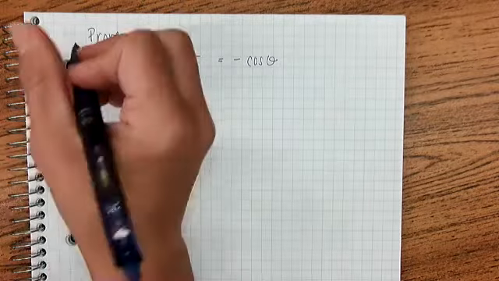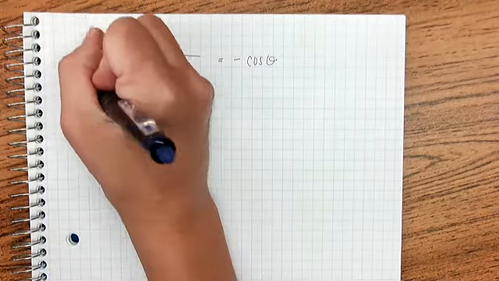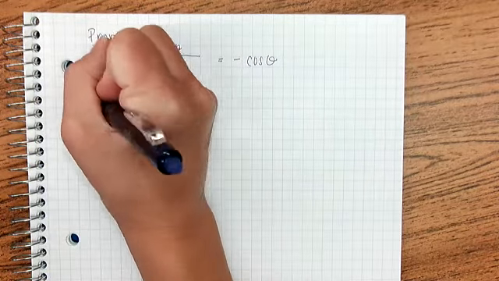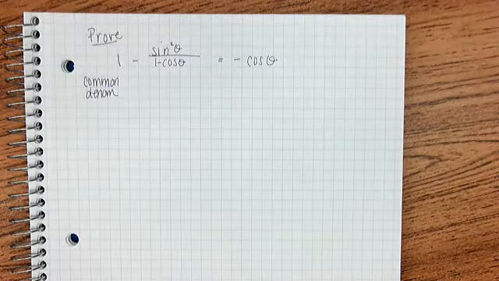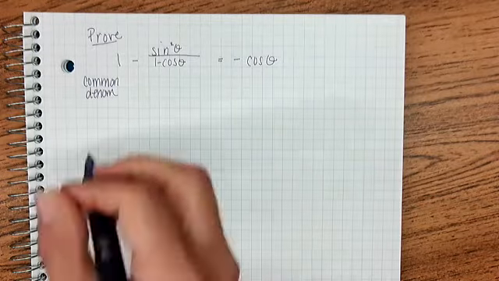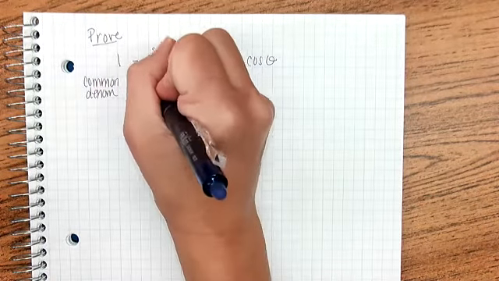So what I'm going to do is find a common denominator. You do not need to write off to the side what I'm doing. You don't need to write down that you're finding the common denominator. I'm only going to look at your actual math. So the common denominator is 1 minus cosine.